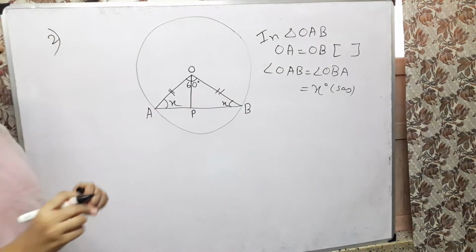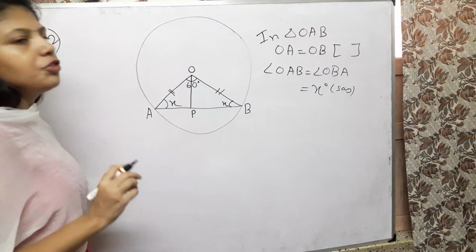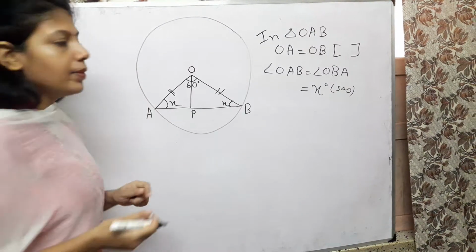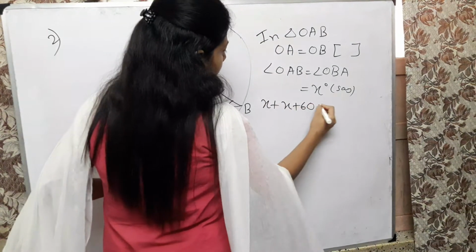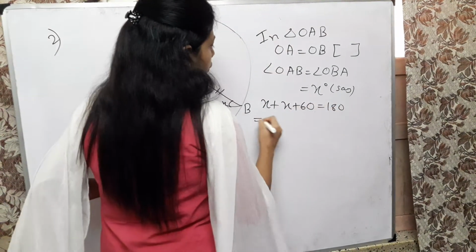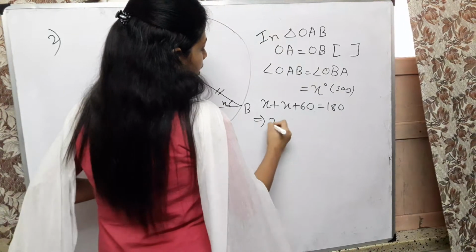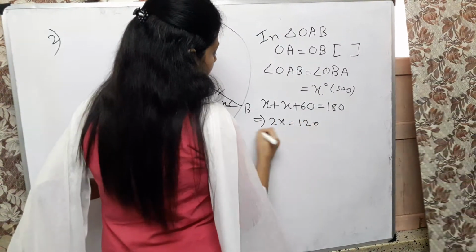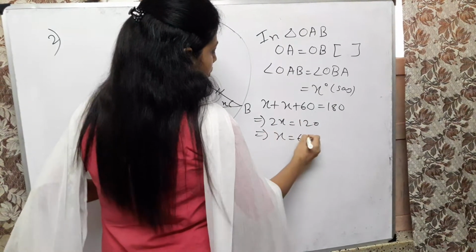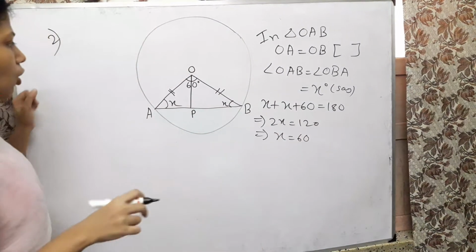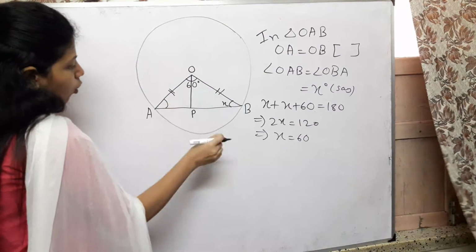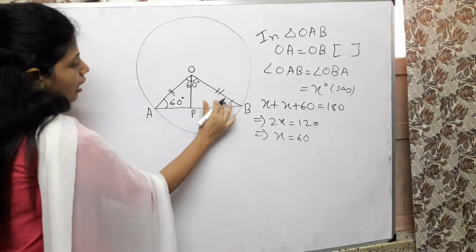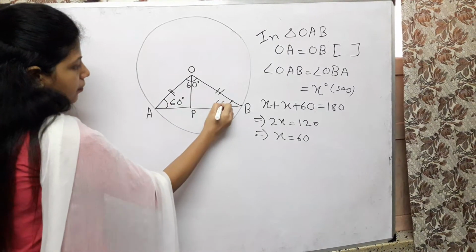We know that the sum of the angles of a triangle is 180 degree. That means x plus x plus 60 equals 180. If you solve it, you will get 2x equals 120. That means x equals 60. So angle OAB and angle OBA both are 60 degree.